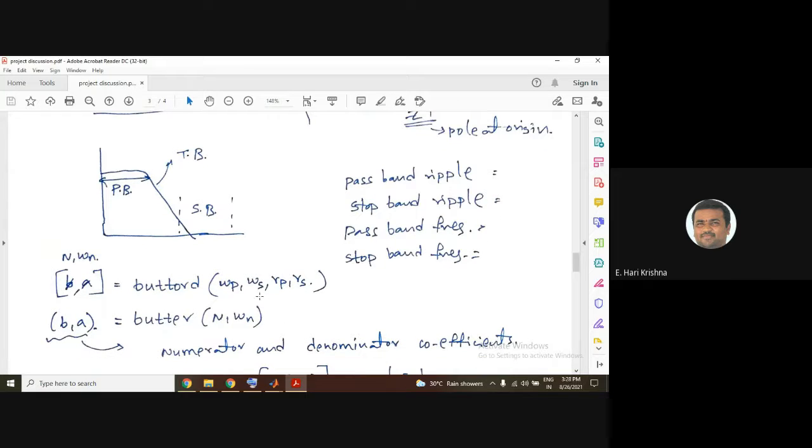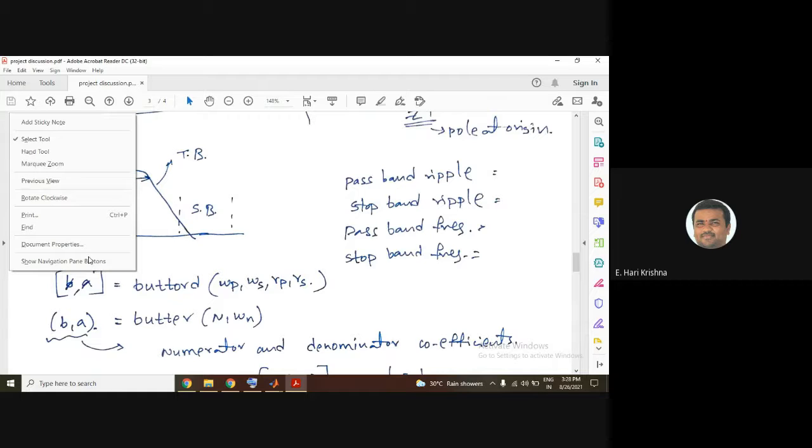For this specification, this function computes the order of the filter and the natural cutoff frequency of the filter. To my remembrance, you have studied digital signal processing. The first one is the order of the filter formula. I remember that formula, so I am mentioning it here.